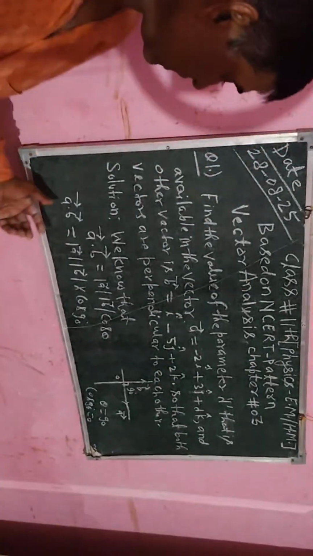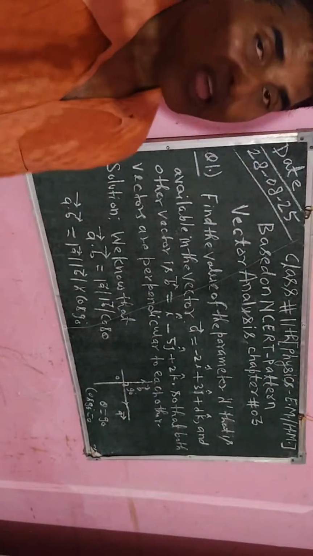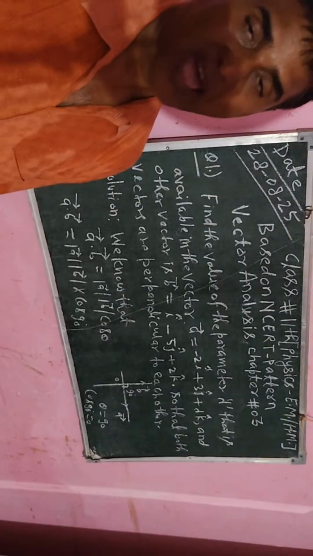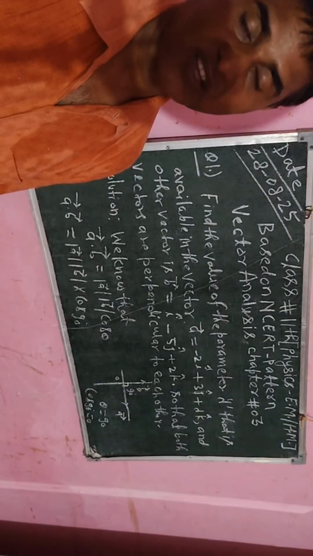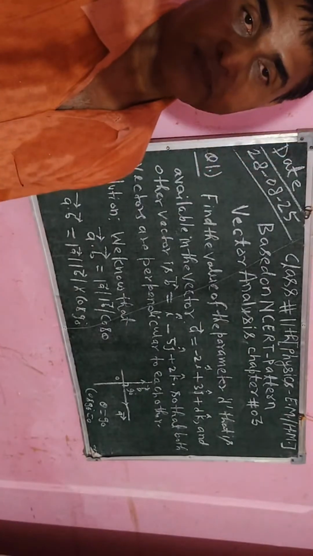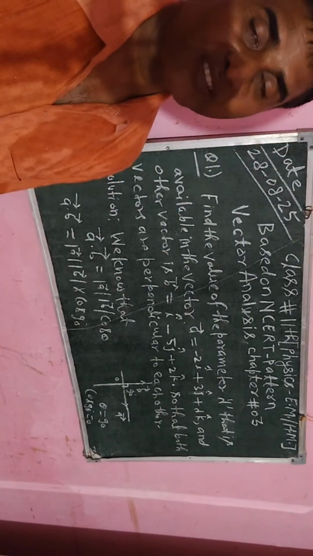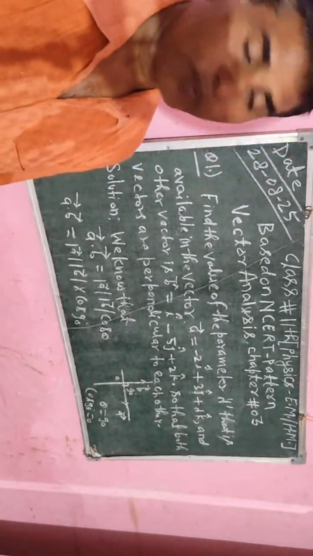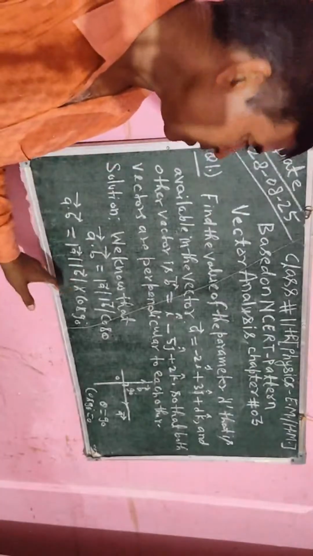So further I will get A dot B, which is equal to 0. Then I will write the expression for A dot B if both vectors have an angle between each other of 90 degree. So in this case I will write ax bx plus ay by plus az bz, which is equal to 0, and then I will solve, and after solving I will get the value of the parameter.